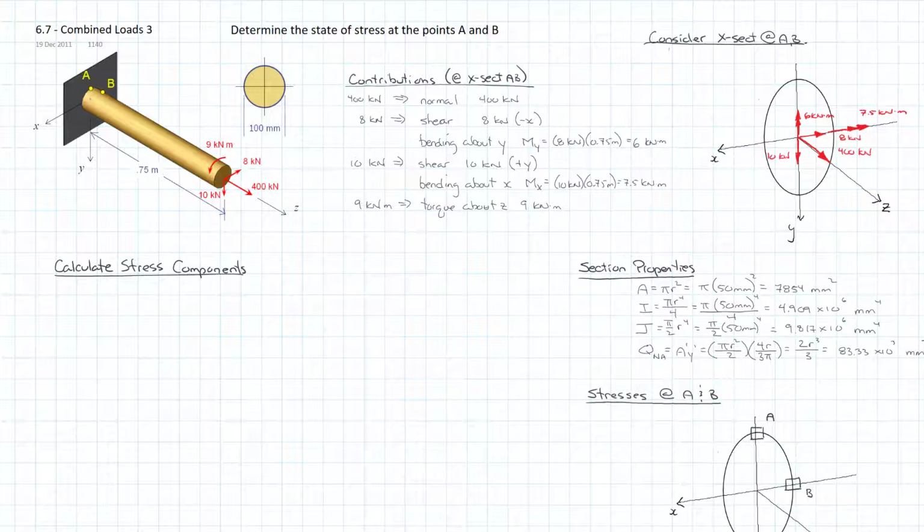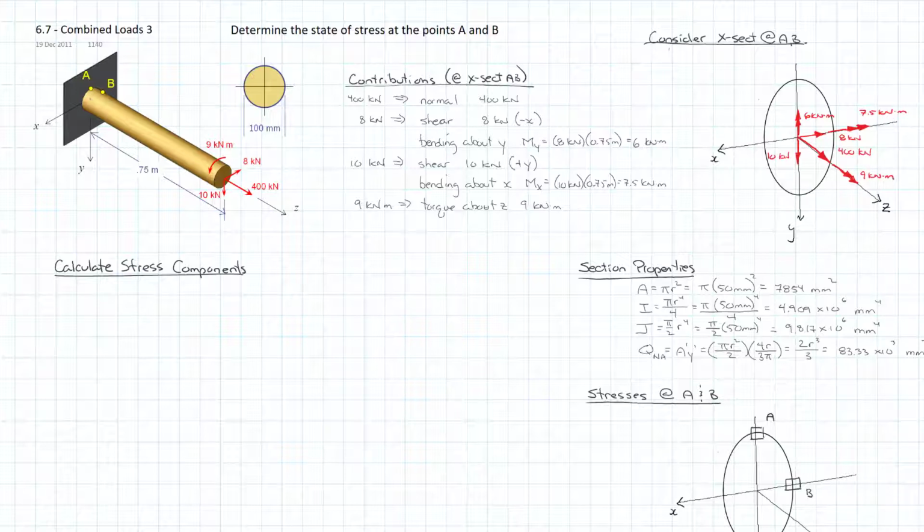And then finally we had a torque about the z, so that's on the z-axis. It's positive in the z direction. So we have our torque. And that was equal to 9 kilonewton meters.